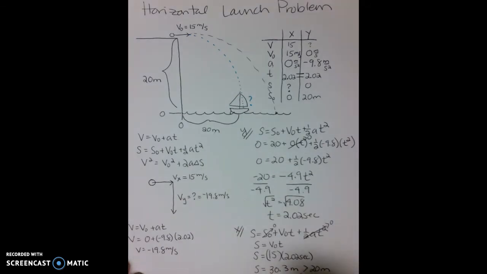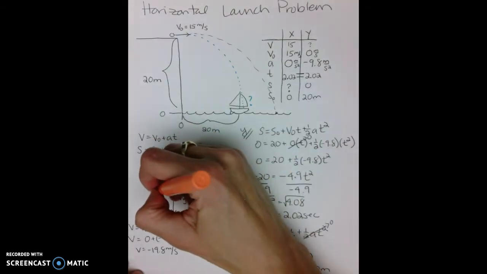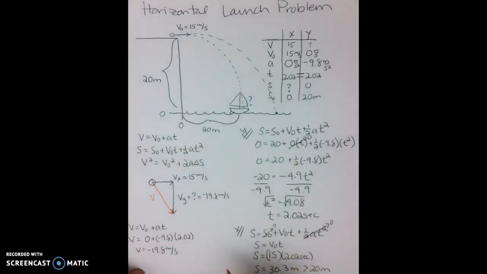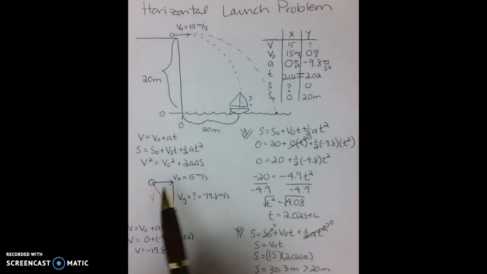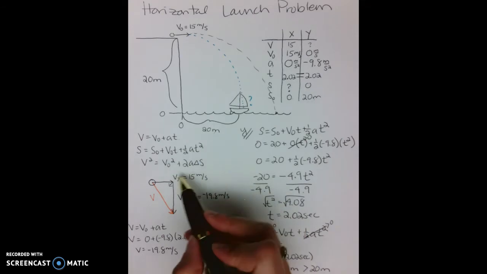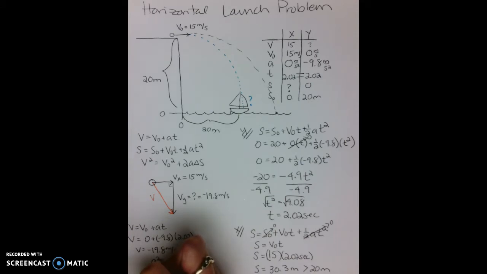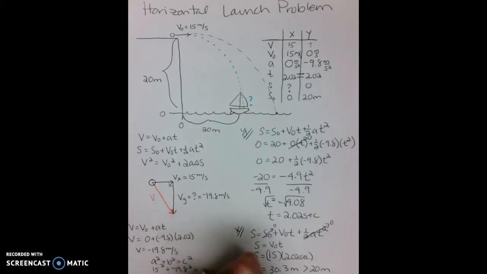But that's not the overall final velocity. The overall final velocity is this orange arrow that I'm drawing. That final velocity I can find by our good friend Pythagorean theorem, because this is a right triangle, and a squared plus b squared equals c squared. So that would give me 15 squared plus negative 19.8 squared is equal to c squared.